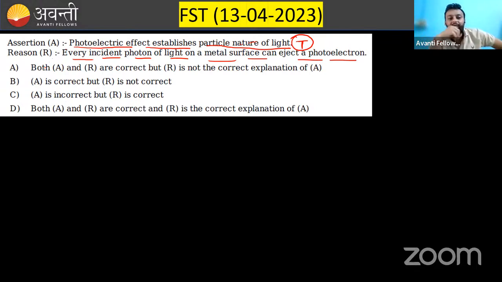But they are saying that every incident photon of light will eject a photoelectron. That's not true. That means assertion is correct, but reason is not correct. That means A is correct, but R is not correct. So which is option number B. Very good.